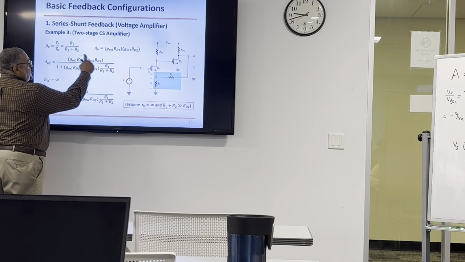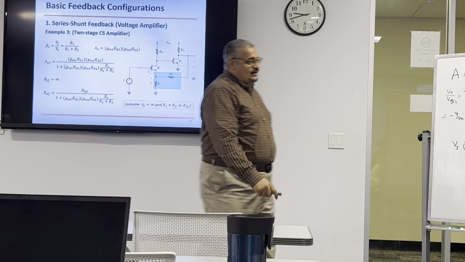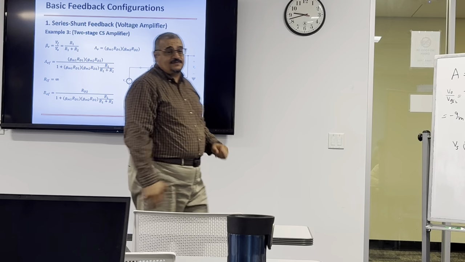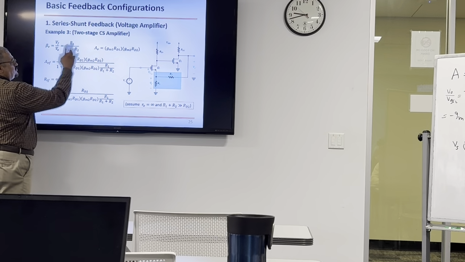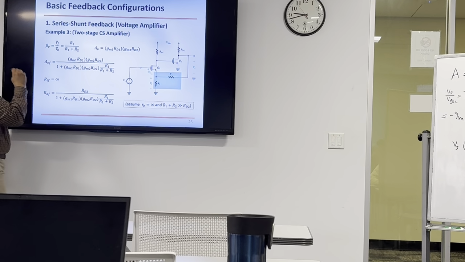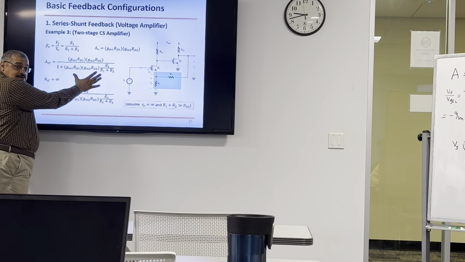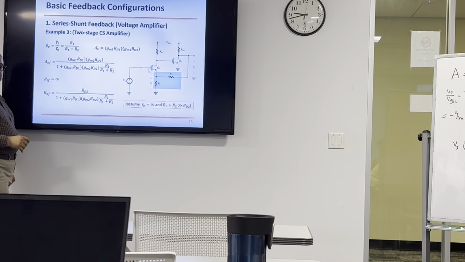This quantity is positive. We agreed that it's positive because there's no negative here. Negative times negative is positive. So this is a positive quantity, and it is large. Let's assume this was 1,000 or whatever. Now you divide this quantity by 1 plus another quantity, which is this one times R1 over R1 plus R2.